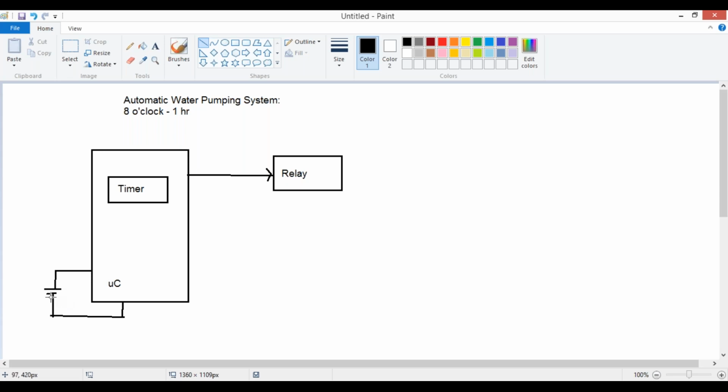Don't you think these batteries will drain out within a few months or even a few days? So what is the solution for this?